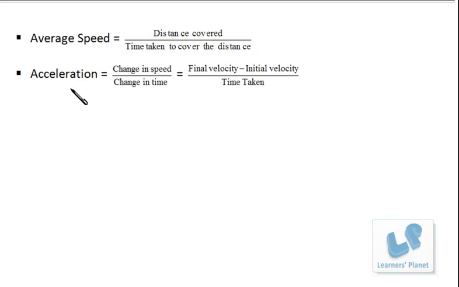Now what is acceleration? That is change in speed by change in time. Acceleration is nothing but change in speed, that is, in a particular unit time what is the speed that is changing, or we can say speed increase, right? That is calculated by final velocity minus initial velocity divided by time, right?